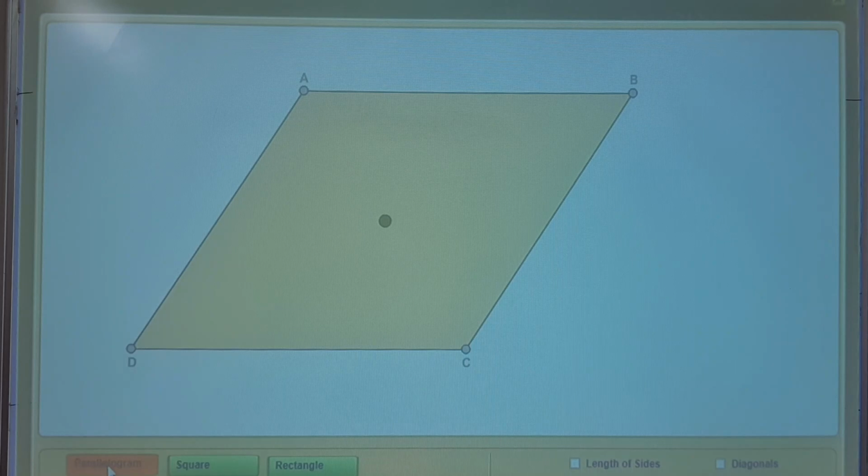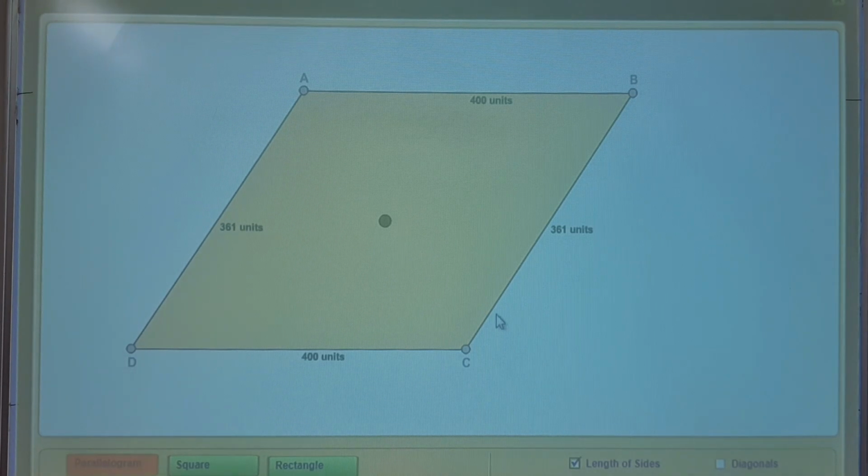Now, let us take parallelogram. So, what about the length of the sides? See here, this is 400, AB and DC. Both are 400 units, and AD 361, BC 361. That means opposite sides are equal. Then opposite sides are parallel also.